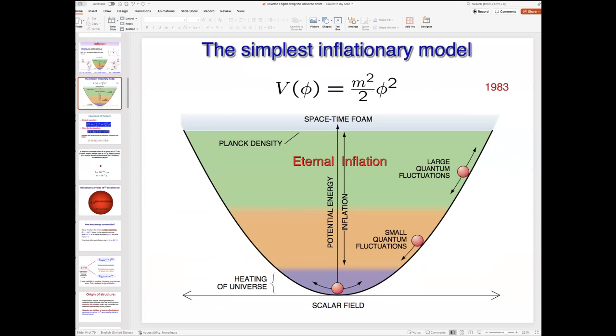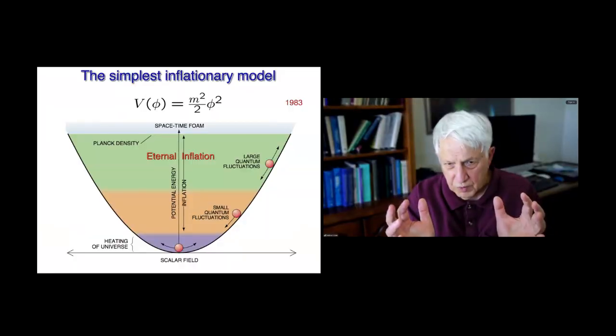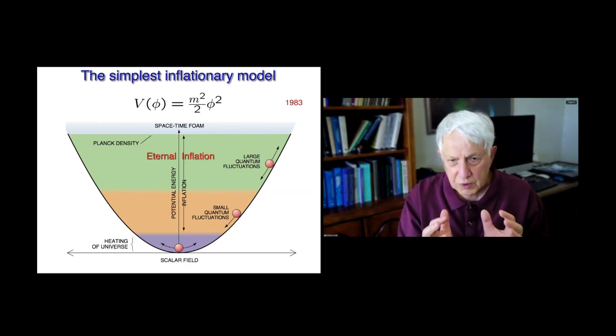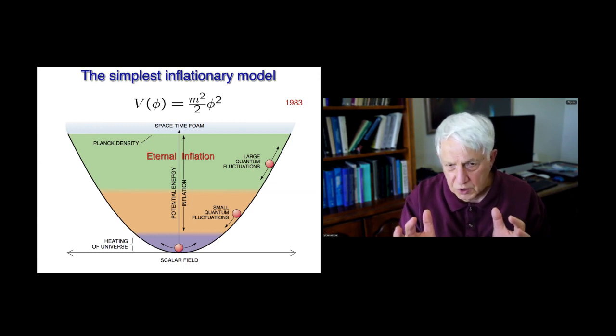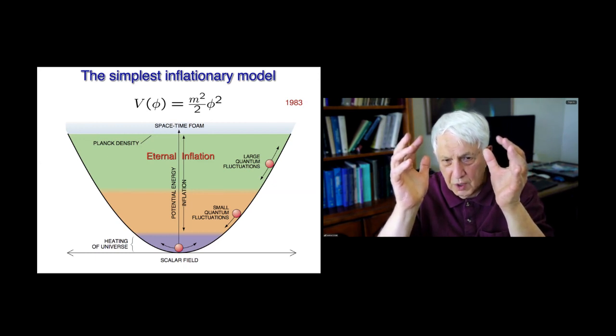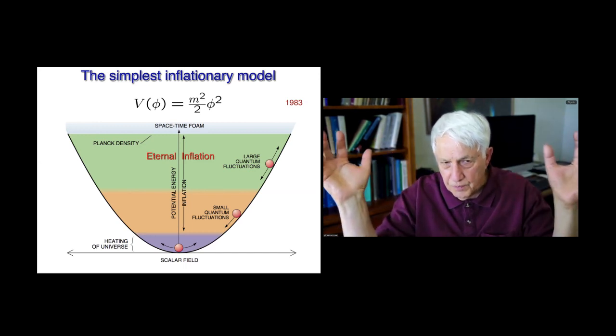Essentially, let me explain what happened. You have a piece of space, and this piece of space expands. During expansion, it also produces quantum fluctuations. These quantum fluctuations may push the field upwards and may push the field downwards. So let's consider a part where by chance they push the field upwards. Then this part has larger energy. It starts expanding faster.